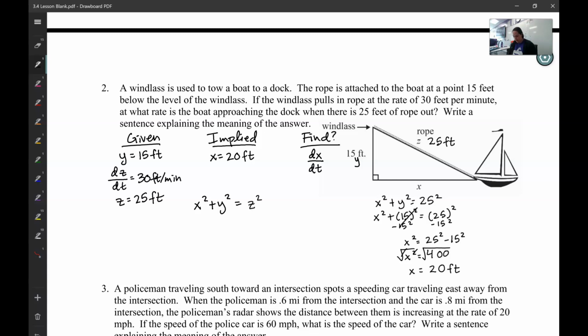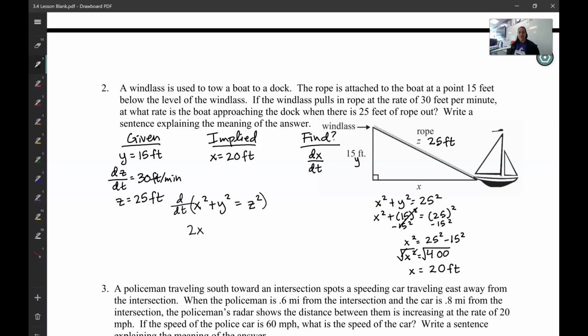So I'm going to take the derivative of this, and it's very important that I am taking the derivative with respect to time. I want to know per minute. That's what I want to take the derivative of. So I am taking the derivative of all of this with respect to time. So I start by taking the derivative of x, which is 2x.